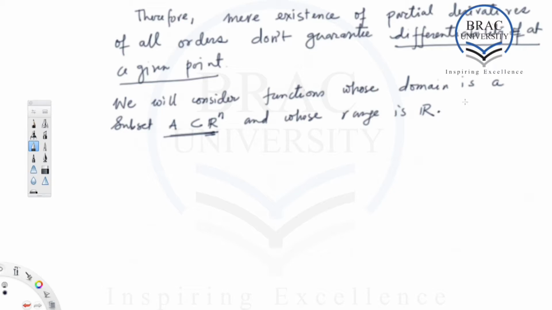Okay, so now some notations. If f is a function from A to R, where we have already described that A is a subset of R to the n, then we denote f of vector x. It's cumbersome to write this vector sign every time on x, so I'll keep it for the moment, but later on I'll get rid of it.